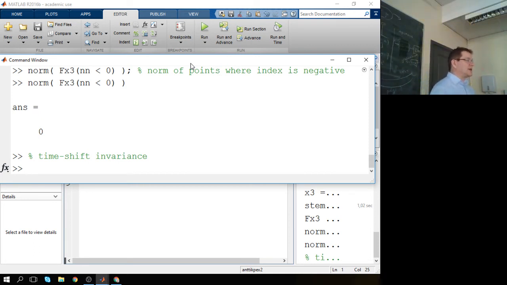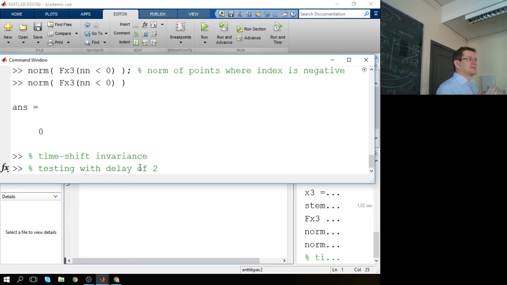But let's see. Time shift invariance test. Again, this is a brute force test, not a mathematical proof. Testing with, say, a delay of 2 data points. Doesn't really matter.